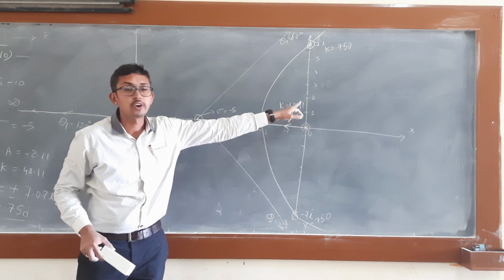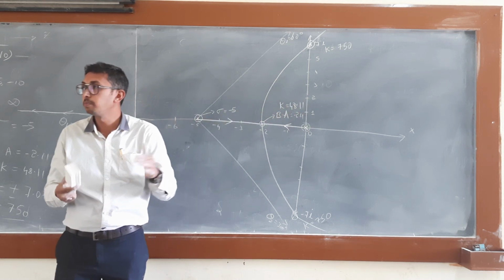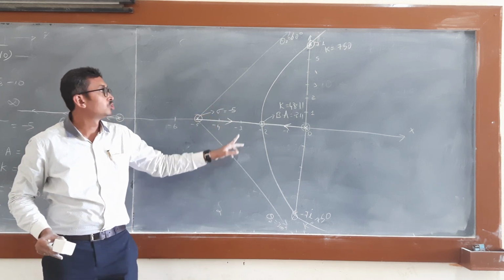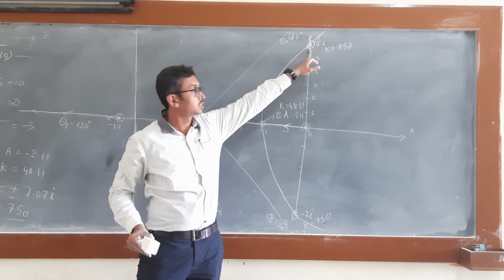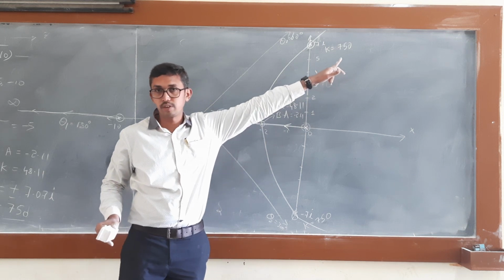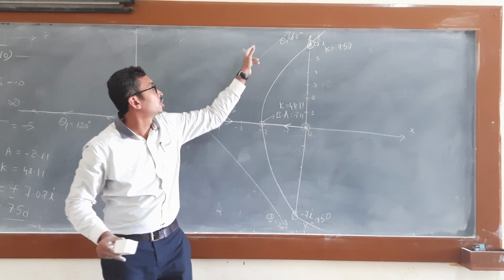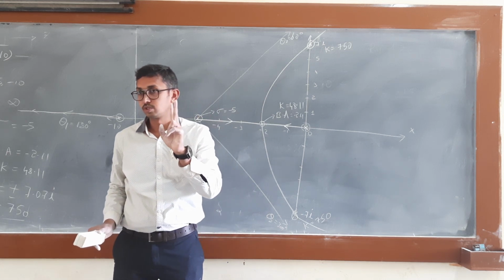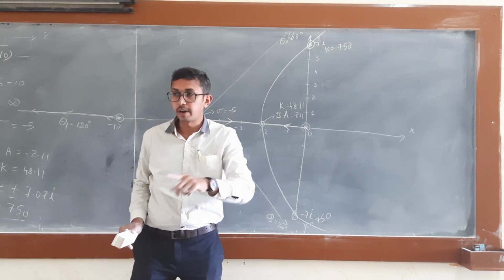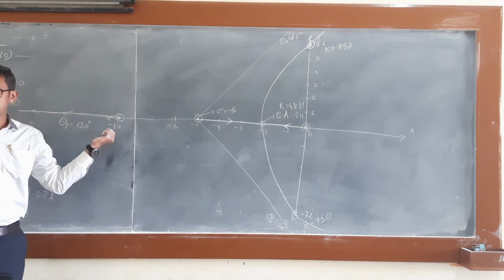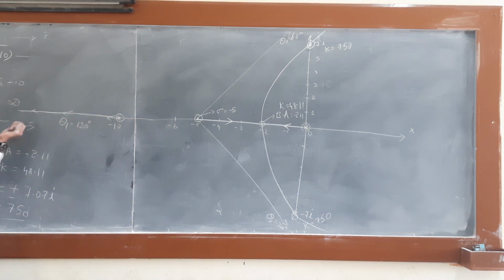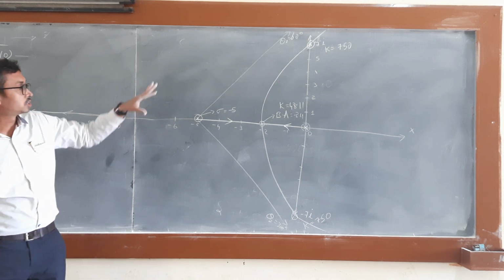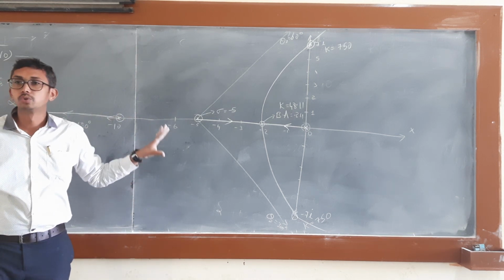When k is equal to 48.11, it meets at the breakaway point and breaks from there, and it intersects the imaginary axis at k equal to 750. Thereafter, it follows asymptote number 1 and also asymptote number 3. Another branch which starts from minus 10 follows asymptote number 2. Okay, so this is how we are going to draw the root locus.